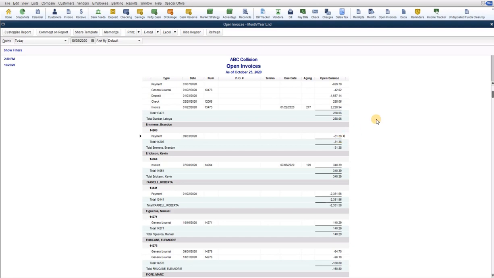So this is one of the ones that we've done in the past where we go to memorize transaction. We want to remember 14206, which is the repair order number, and we also want to remember 31.38, which is the amount that's overpaid.